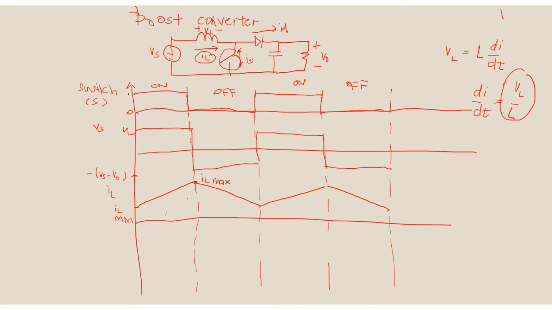Do you still remember that the average of that is the I out? I out is the average of the IL. So that is IL, and next we want to draw IS.